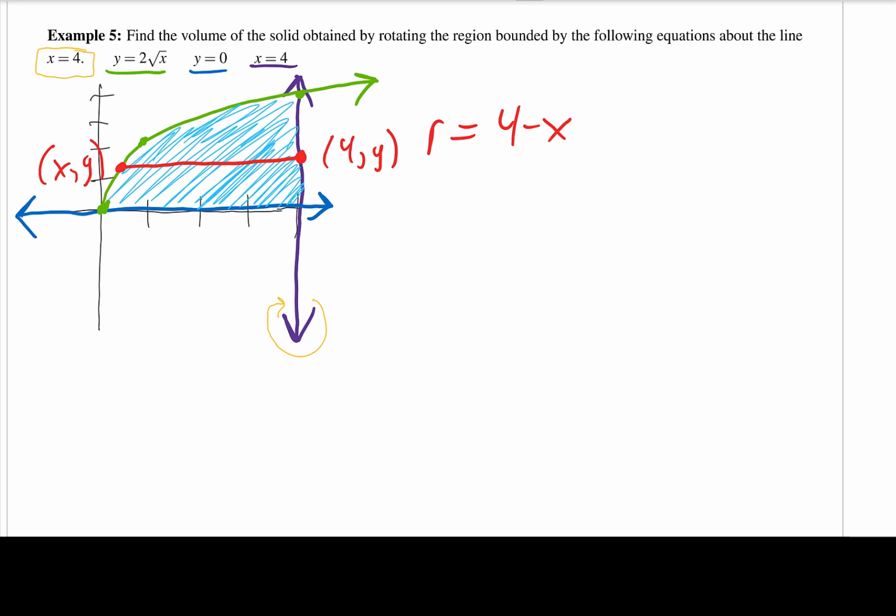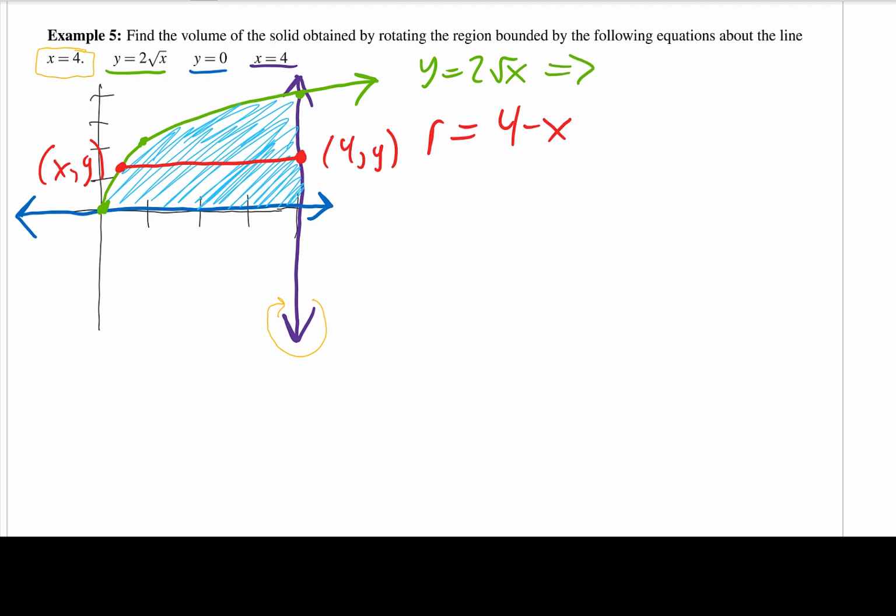But we know that we're revolving around something that looks like x equals c. We have x equals 4. So we should have a dy integral, which means this radius needs to be in terms of y. Well, we have y equals 2 square root x.